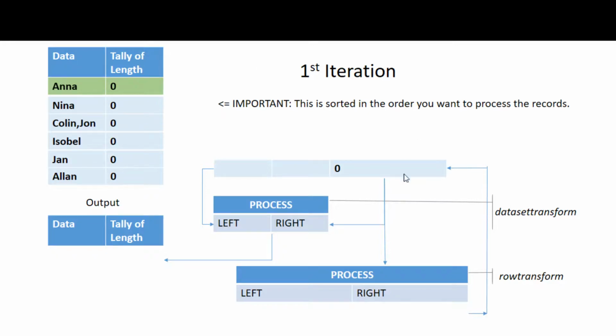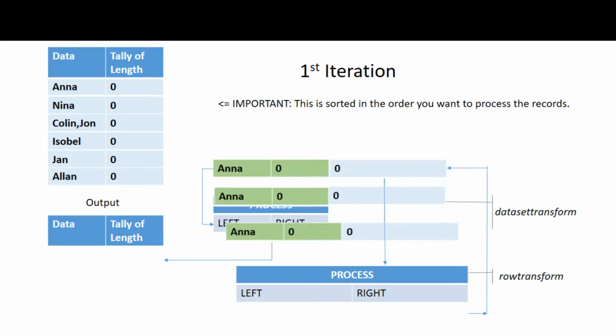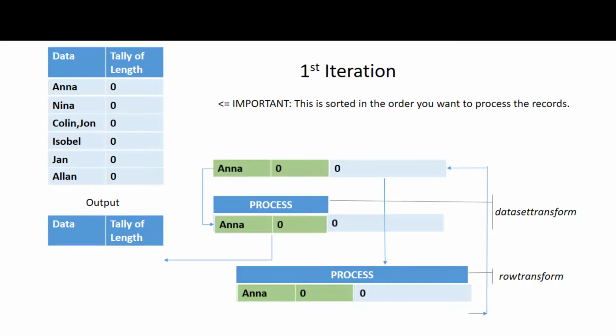And the right hand side for both transforms is set up as one of the parameters to the process command itself. You can set those to whatever you like. So let's just run through. Anna's presented, and the left and right will be presented to both processes independently.